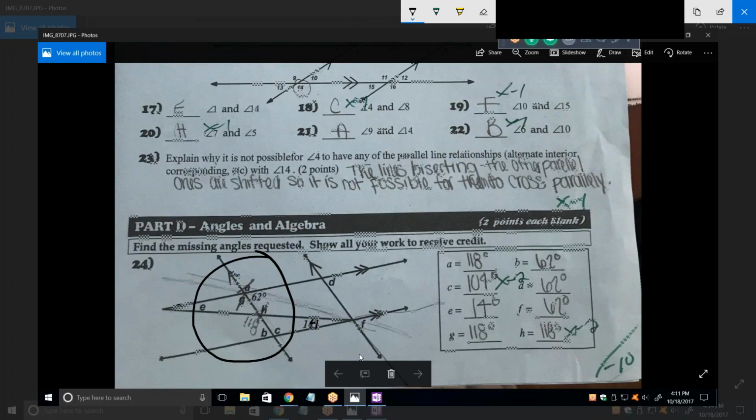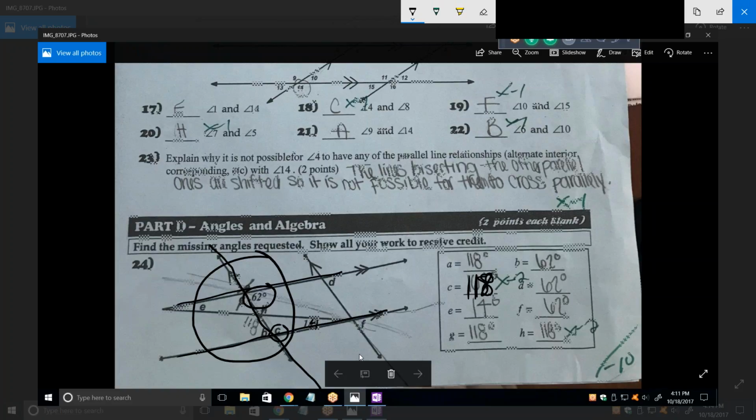When I'm looking at this picture, I'm looking at that parallel line and that transversal. I'm not looking at the other line. And that is side by side with that, is it not? So it's 112. Excuse me, 118.